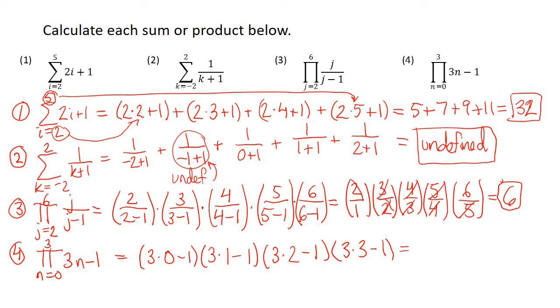So this is, let's see, the first one is -1, and then 2, and then 5, and then 8. Okay, so this is going to be 10 times 8, 80, -80. And that's it.